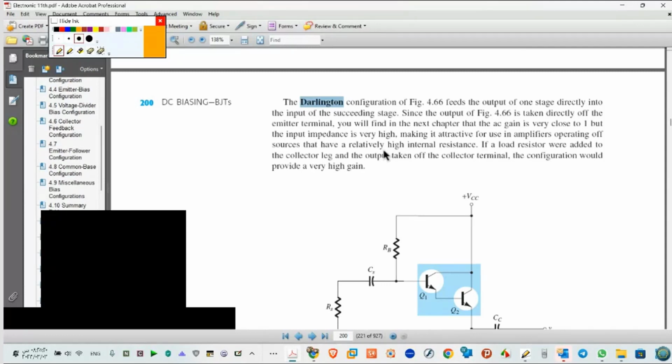Okay, how can we deal with these transistors? Let's see here.